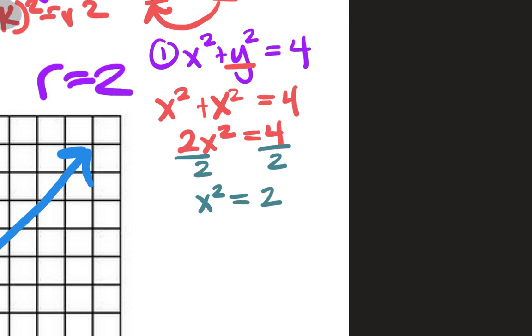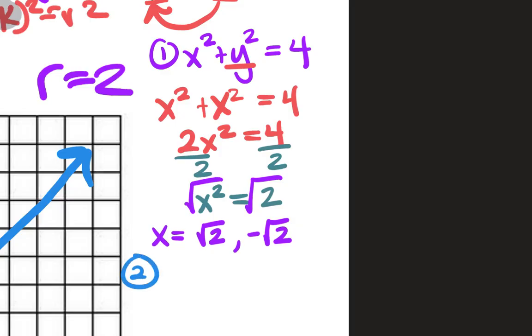Now we want to do the square root. All right, so x is equal to positive square root of 2, whatever the decimal may be. I think it's 1.4 something. And then negative square root of 2, right? Because we know a negative times a negative is still a positive. So it could be a negative or a positive. Those are my possibilities.